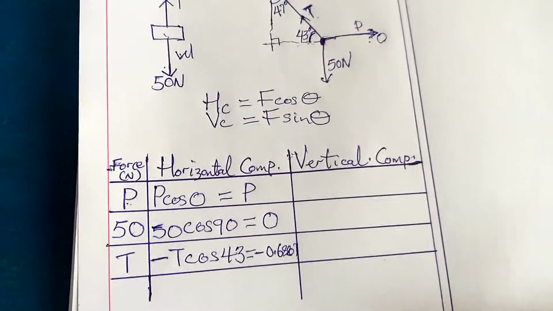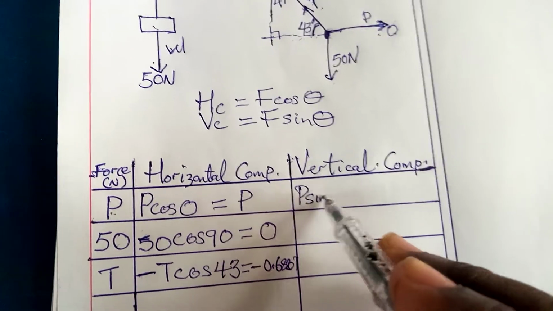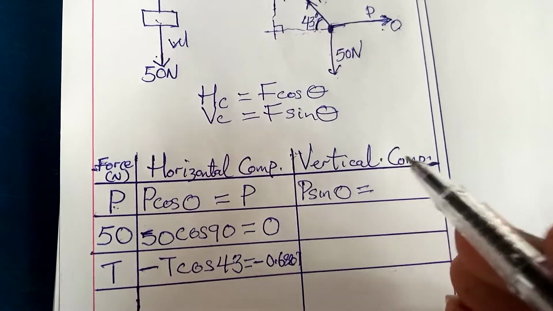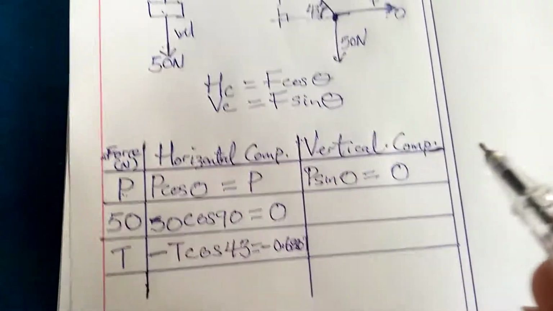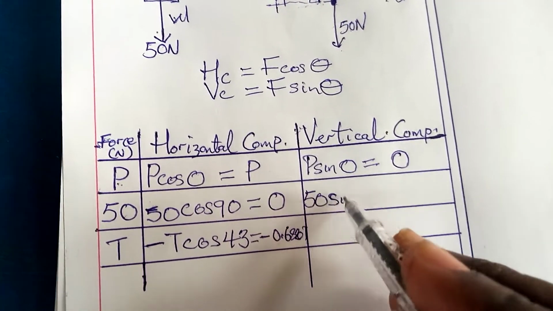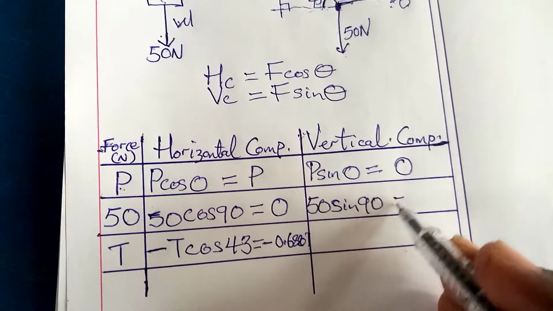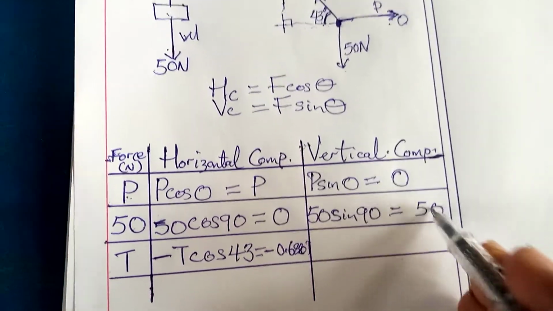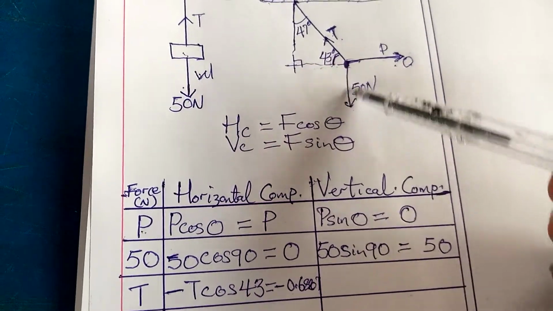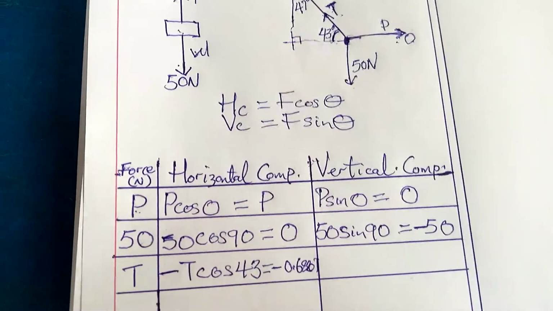For the vertical component of P, here we are going to have P sine 0, and P sine 0 is going to give us 0. Likewise, for the weight, that is 50 sine 90, which is going to give us 50. But let's pay attention to this force is along the negative y-axis, so this one will give us negative 50.